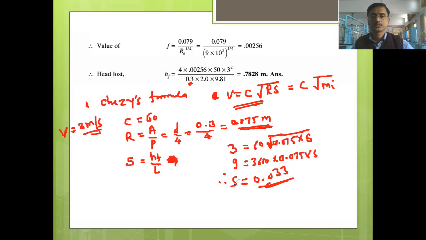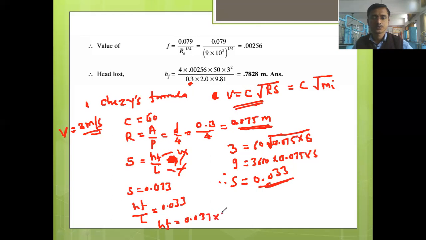As S is the slope, so it will not have the unit. Because here it is in meter, meter will get cancel and will not have unit. So S is equal to 0.033. Then we can write HF divided by L is equal to 0.033, right? Therefore, HF will be equal to 0.033 into L. What is the length given?